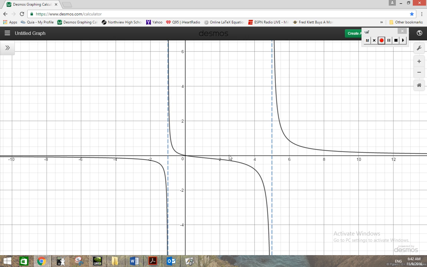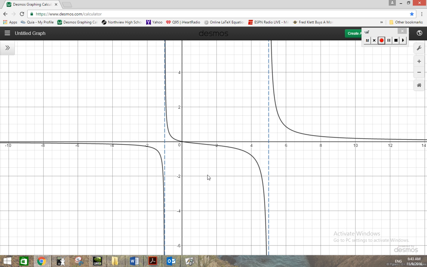So we can see, I guess I don't necessarily have to paste it onto the other software. We can see that we have a vertical line here at x equals negative 1 and here at x equals positive 5. Now the graphing program does not show enough detail to recognize any holes.